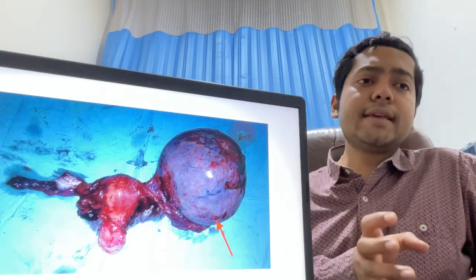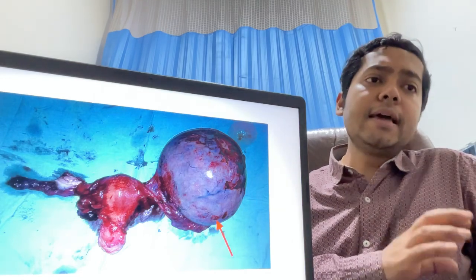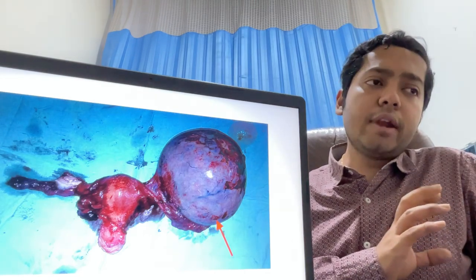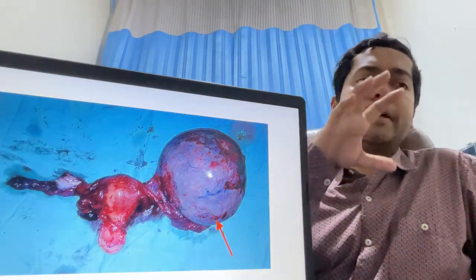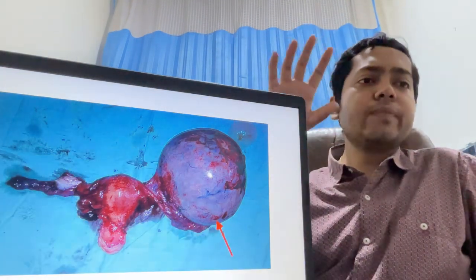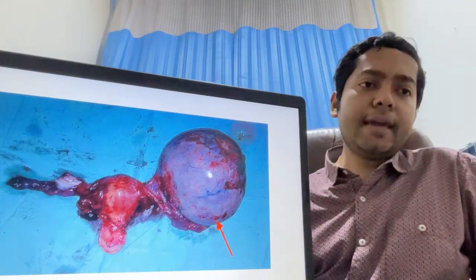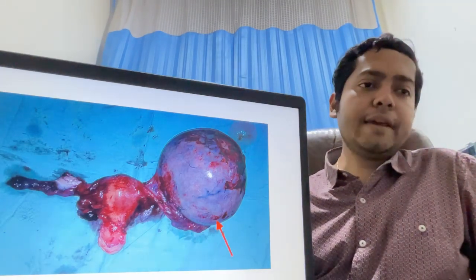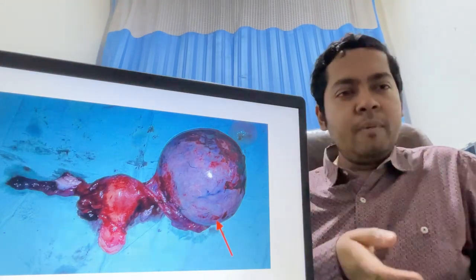Coming to the right side, you can look at the right adnexa, then your ascending colon, उसके बाद transverse colon, उसके बाद small intestines, then your descending colon, rectum, and then come again below, उस side का adnexa, left side का adnexa, and then the retroperitoneum.